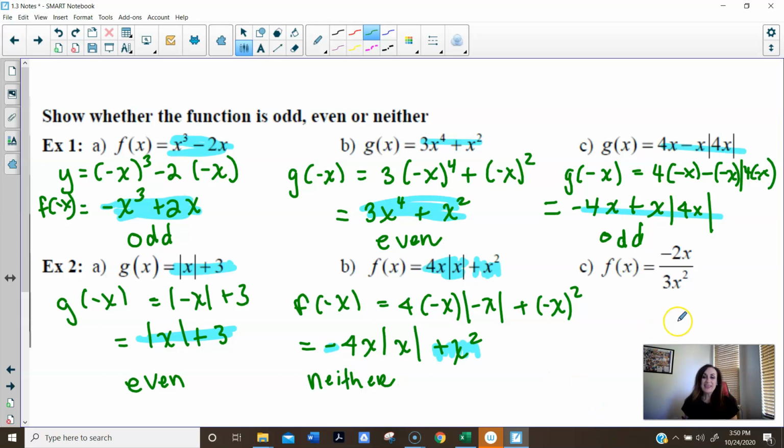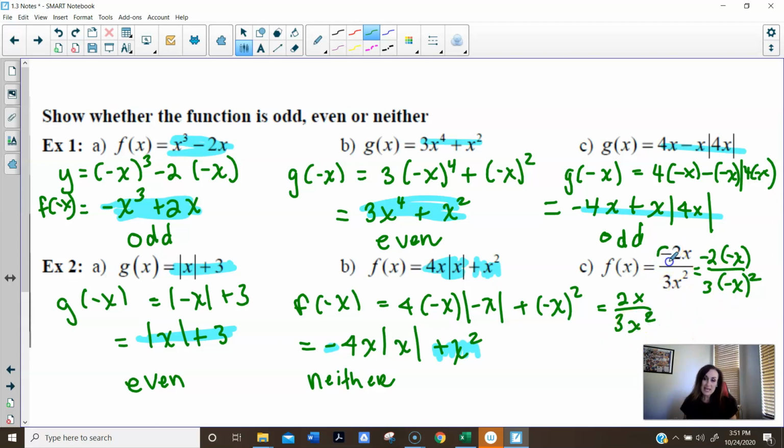All right, and then the last one is C. If I take -2 times the opposite of x over 3 times the opposite of x squared, -2 and -x is going to give me 2x on top. And then when I take this negative and I square it, it's just going to come out as 3x squared.